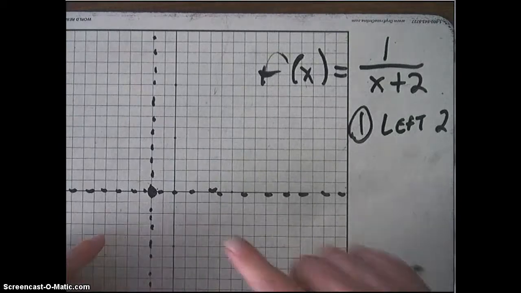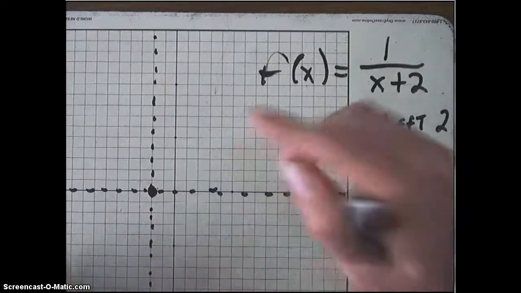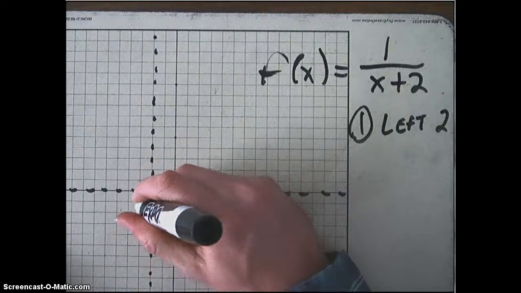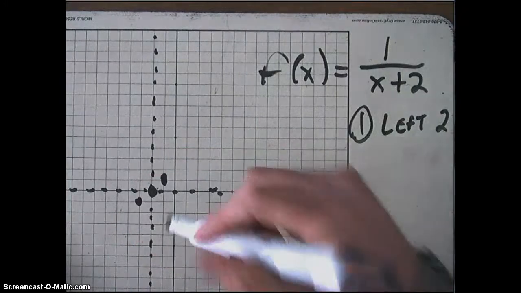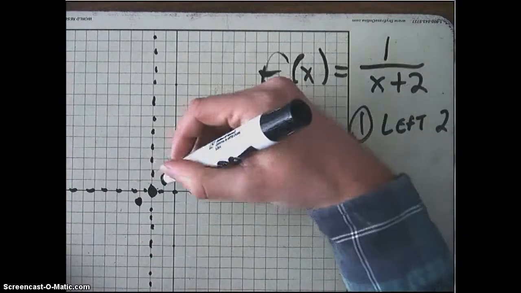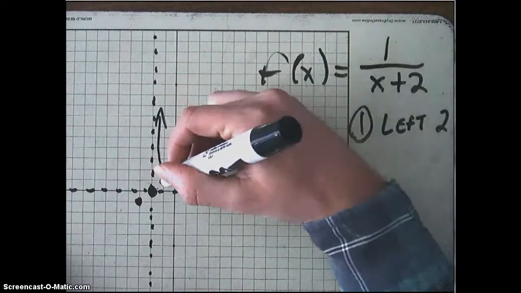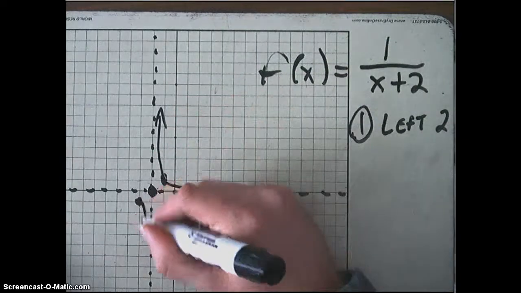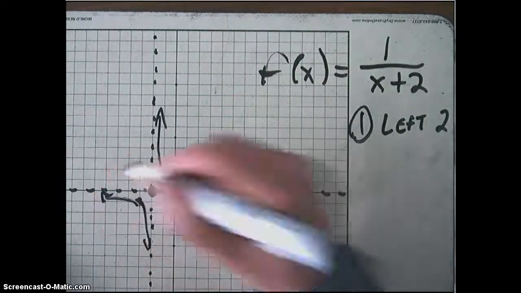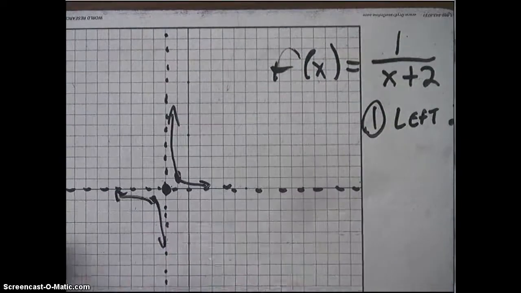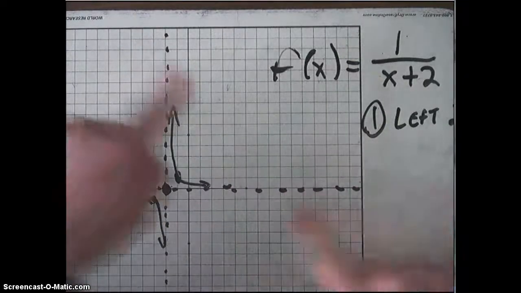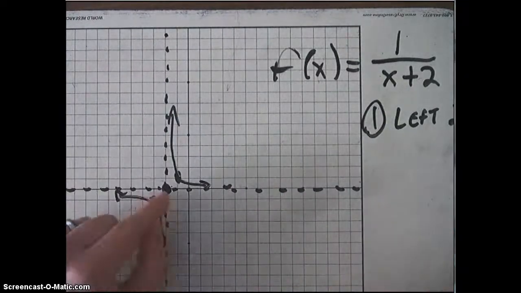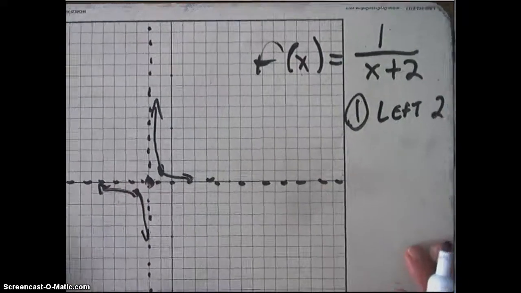And it's not a negative, so I'm in quadrants 1 and 3. So I'm going to put a dot here, put a dot there. This one goes up like this, like that, and like that. It's going off to infinity in both directions except for right there.